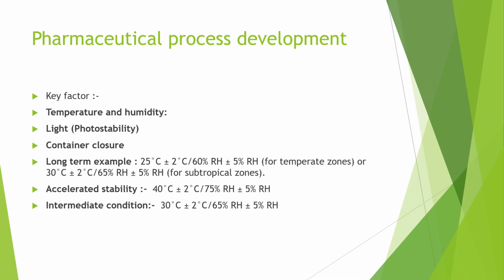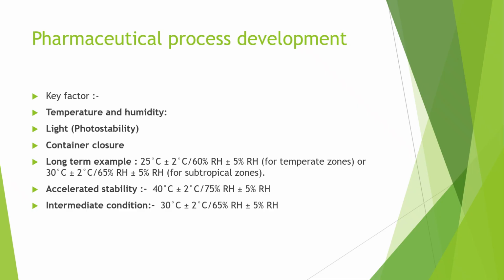There are three stability conditions: long term, accelerated and intermediate. Long term means 25 degrees centigrade plus minus 2 degrees centigrade, 60% RH plus minus 5% RH, or 30 degrees plus minus 2 degrees centigrade, 65% RH plus minus 5% RH for subtropical zones. In long term, there is the temperate zone as well as the subtropical zone, so the long-term condition is different, 25 as well as 30.